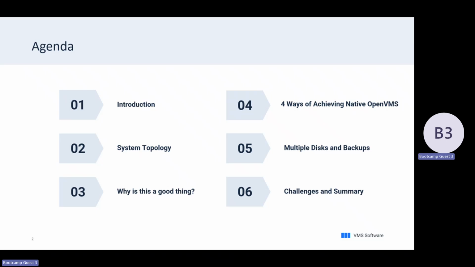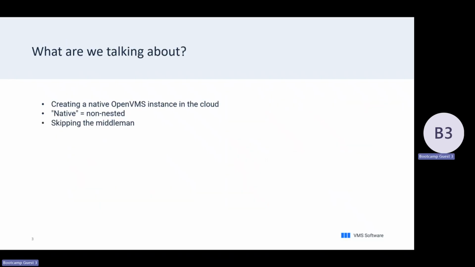And then Martin will talk some about the ways we have been able to achieve native cloud, some issues we had with using multiple disks and how to image backups, and some challenges and our findings.